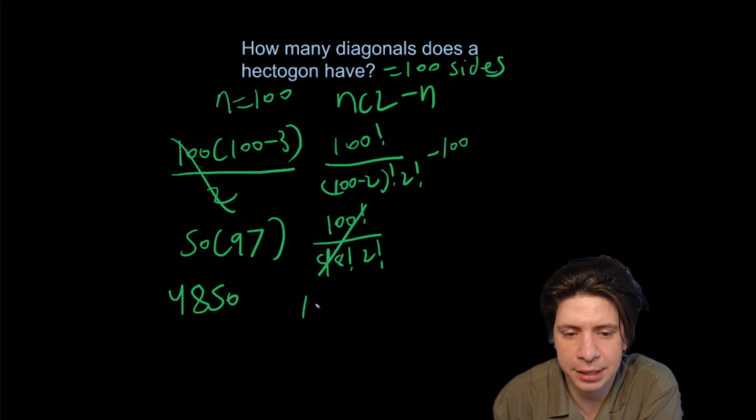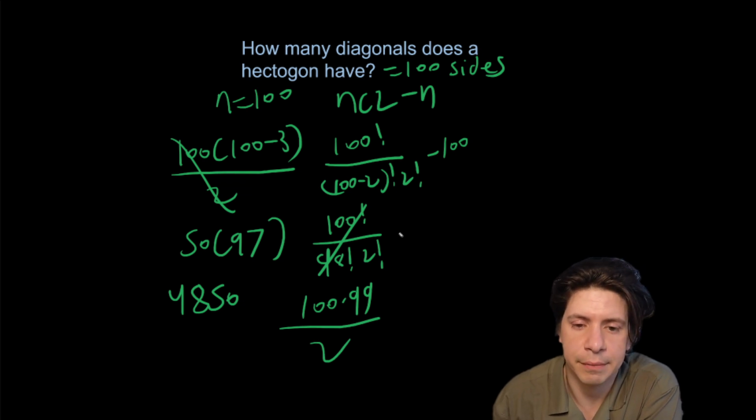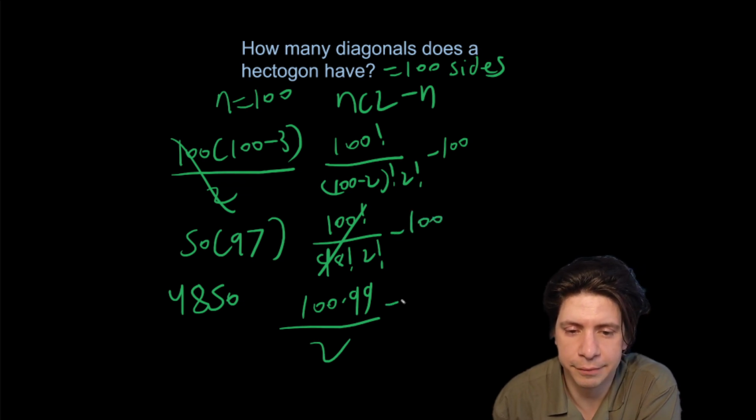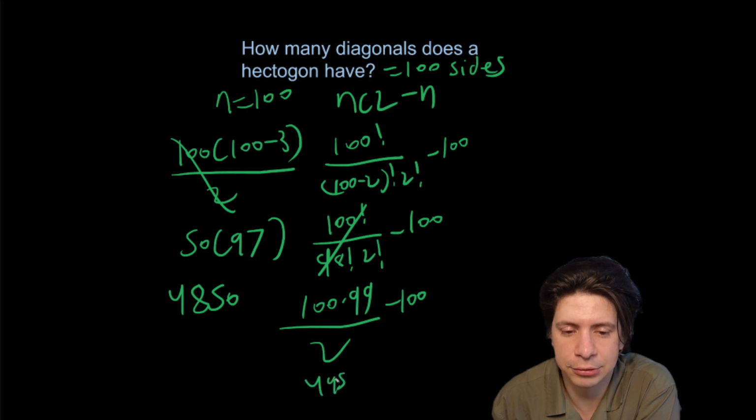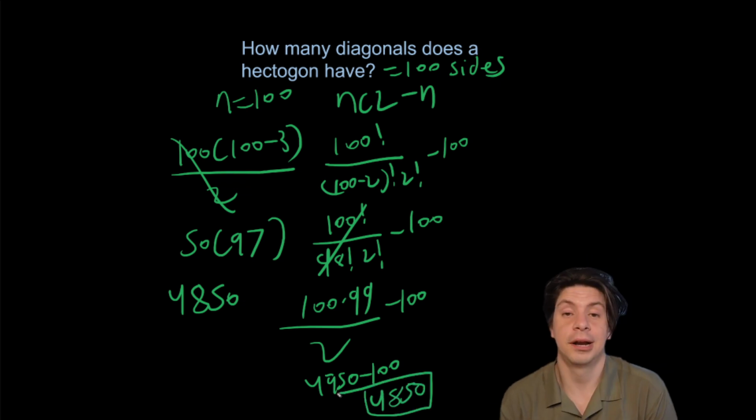These cancel, so you're going to have 100 times 99 over 2, minus 100, right? We're going to have minus 100. And that will give us 4,950 minus 100, which equals 4,850.